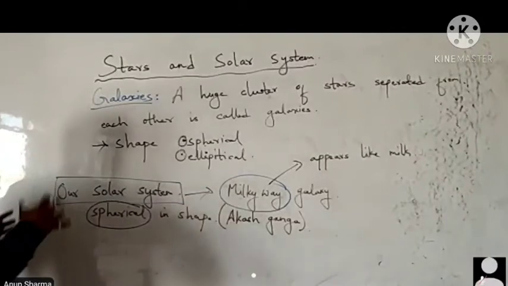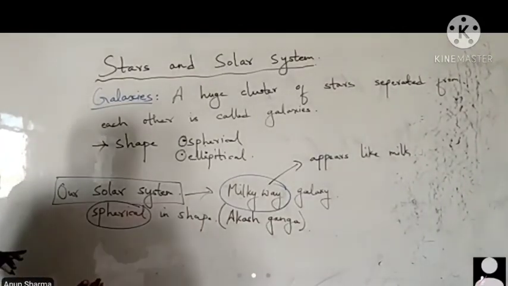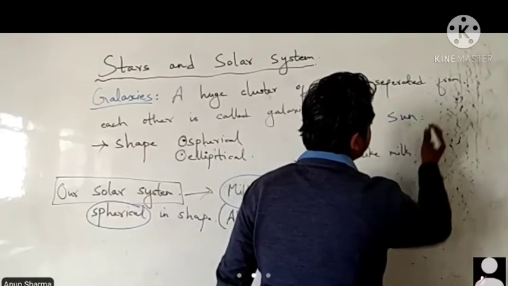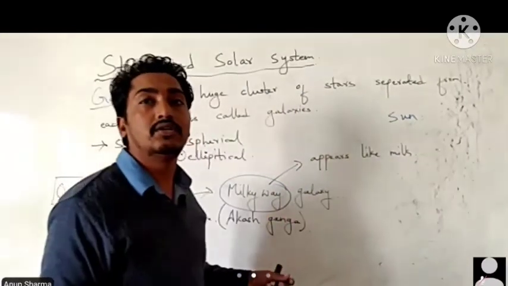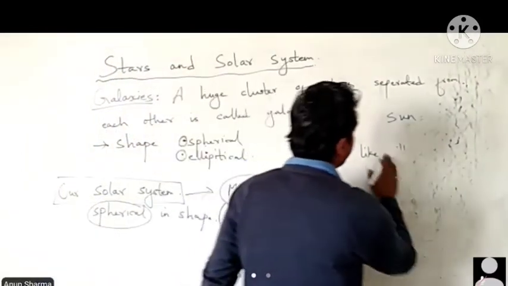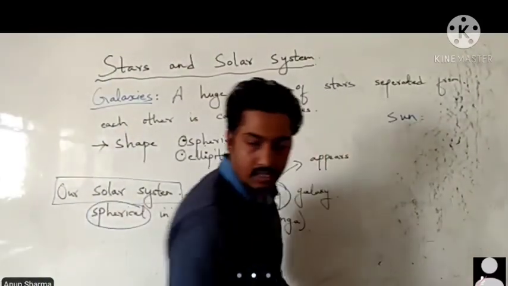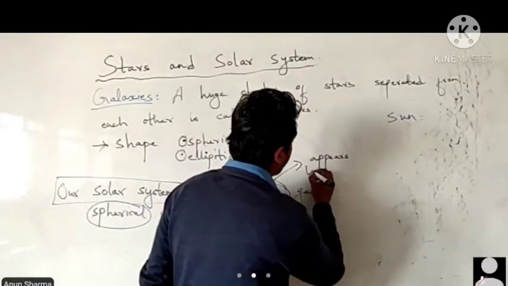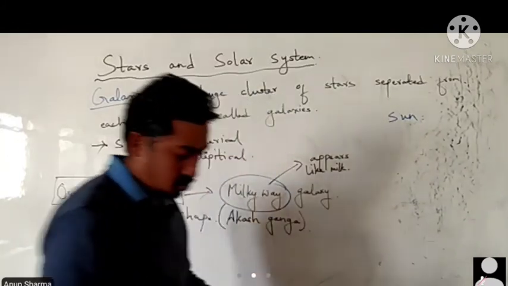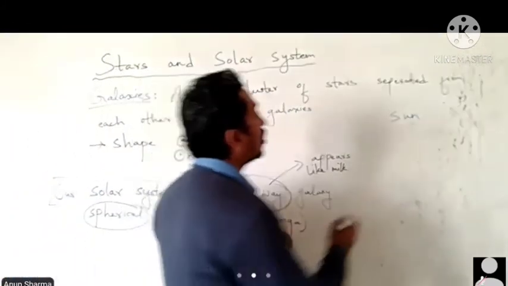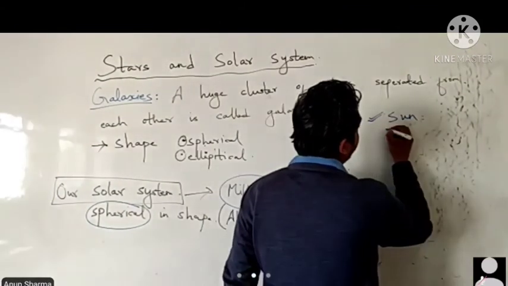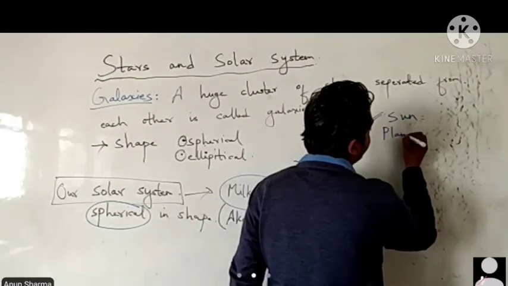Galaxies constitute our solar system, and solar system means the family of a sun, that means the star. In our solar system, we will talk about the Sun, number one, then planets.